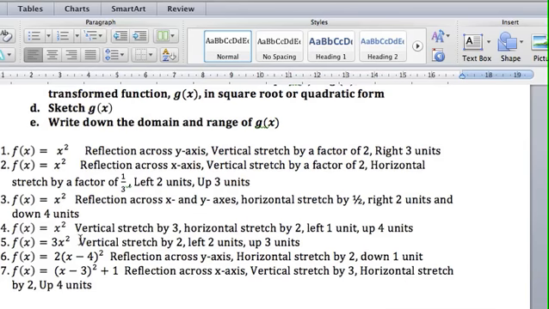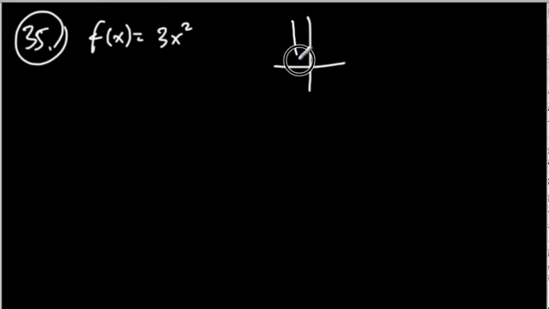Now, 35 is the more interesting one, because now our function is no longer x squared, it's 3x squared. So vertical stretch by 2, left 2 units, up 3 units. Okay, so let's try that. So f of x is equal to 3x squared. It still looks like your basic x squared function, but that 3 means there's a vertical stretch.